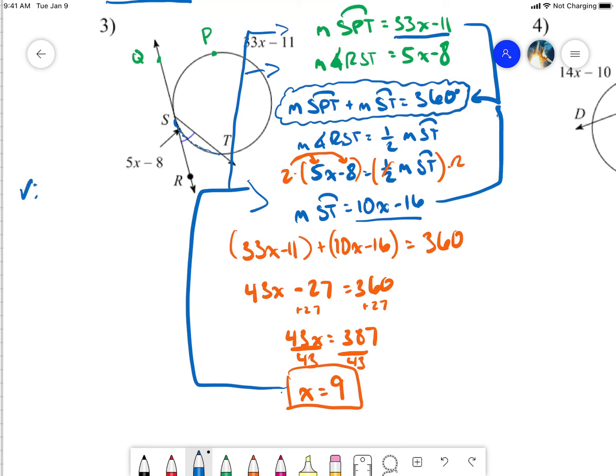Checking this, I know the measure of arc SPT is going to equal 33 times 9 minus 11, which is going to give me, boy, I cannot do that off the top of my head.